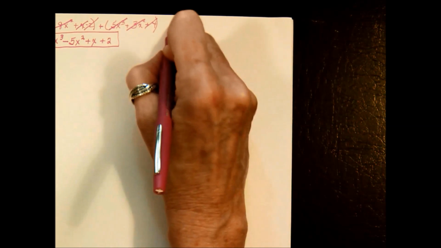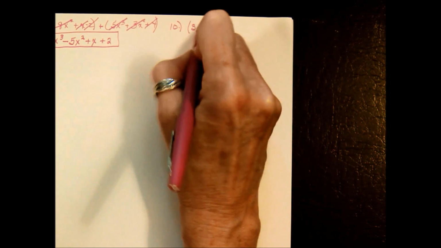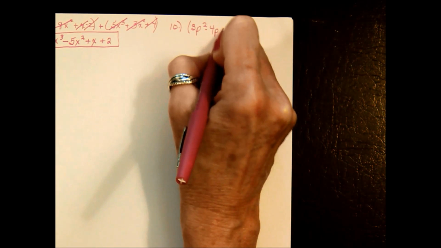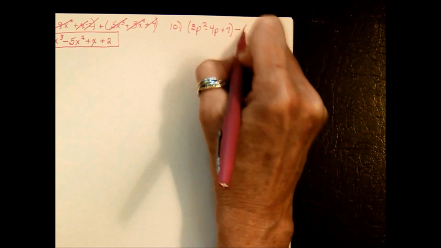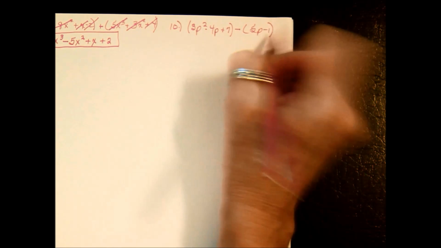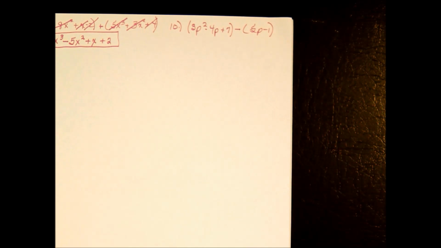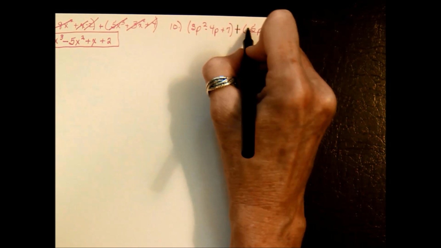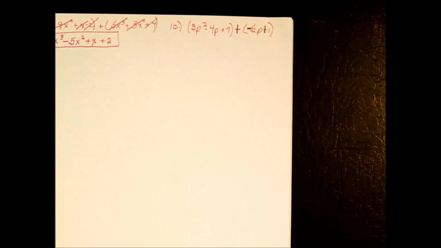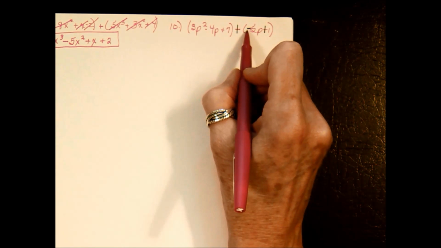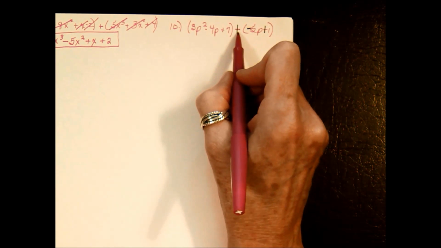Looking at number 10, we have one that is subtraction. So it's 3p squared minus 4p plus 7 minus (5p minus 1). What you want to do with subtraction is change to addition, change all the signs that follow, including that first one. Don't forget to change the sign on the first term after the minus sign.